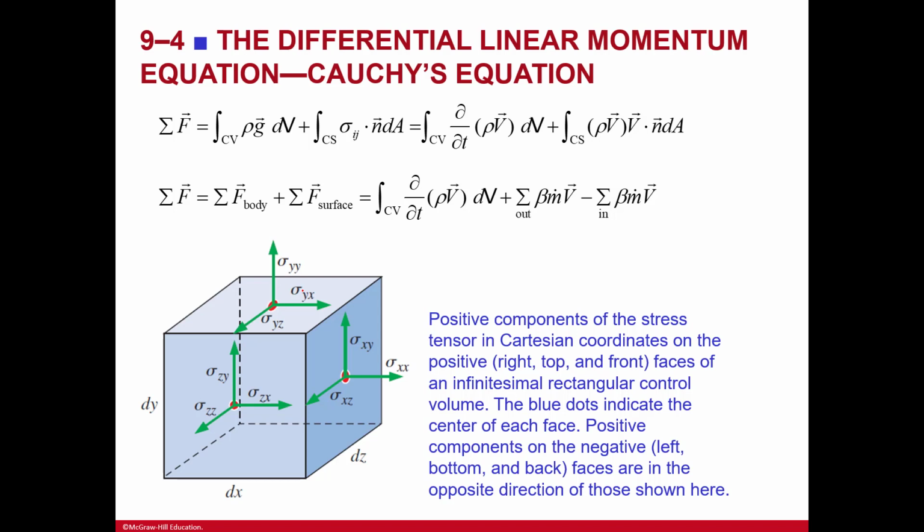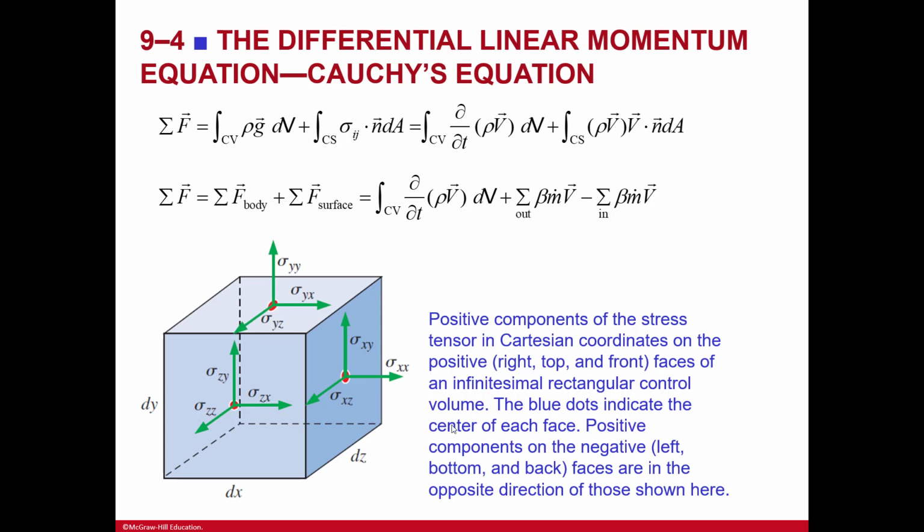And then here we get to the differential linear momentum equations, and this is Cauchy's equation, which is just the sum of the forces. And here is a note: positive components of the stress tensor in Cartesian coordinates on the positive faces, which are the right, top, and front faces of an infinitesimal rectangular control volume.